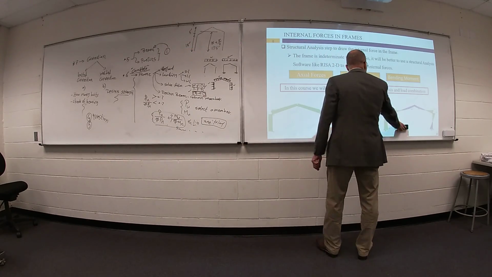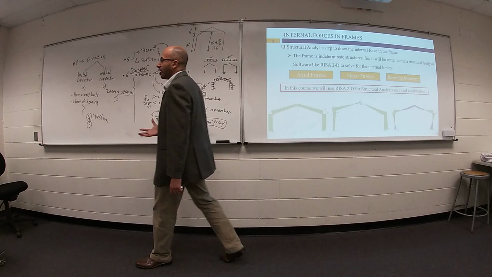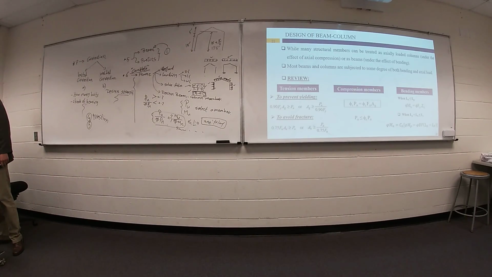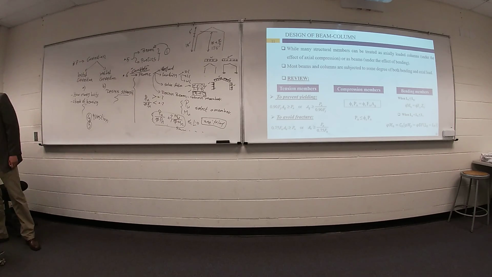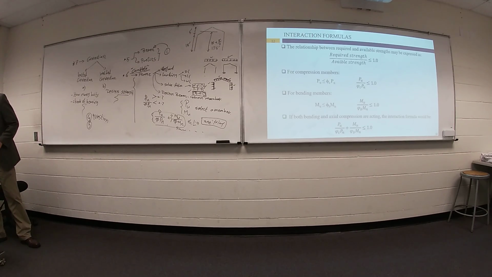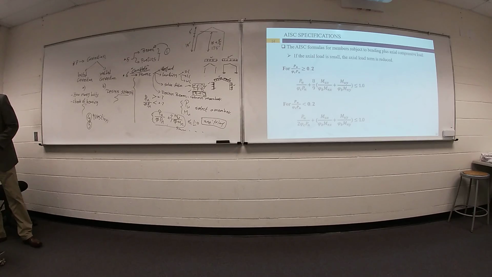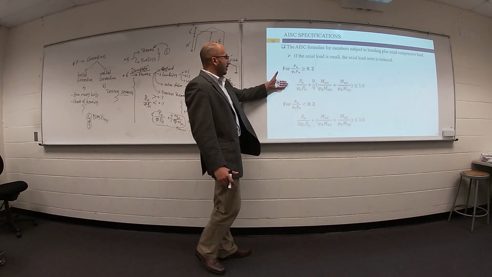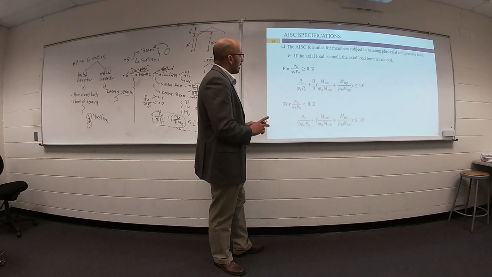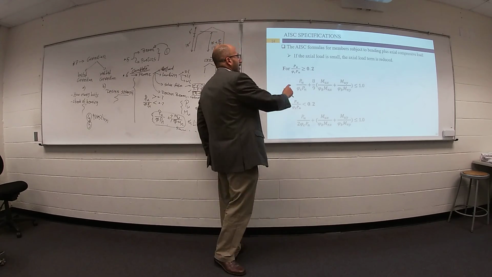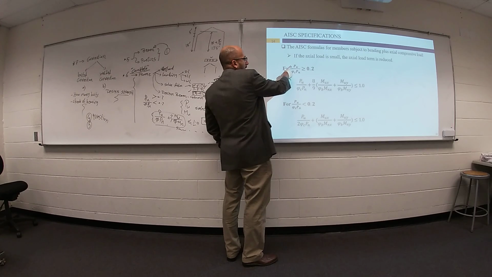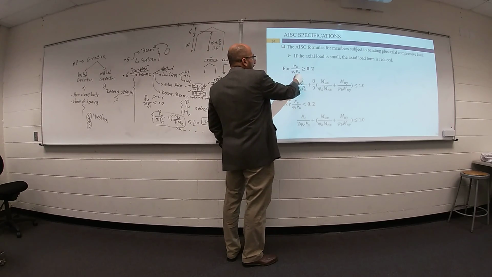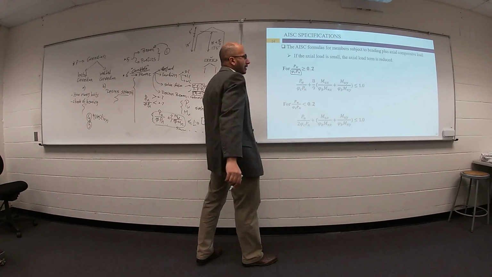Your design is a combination of design of beam and design of column. Which condition will I use, this one or this one? Go ahead and get this relationship, this value P ultimate from RISA divided by phi Pn. Do you remember how I can get this value?